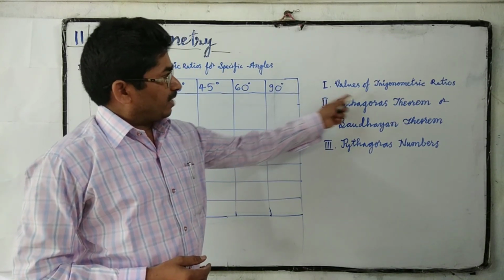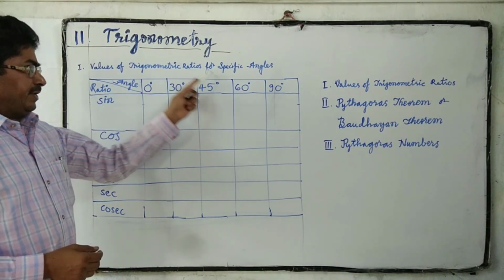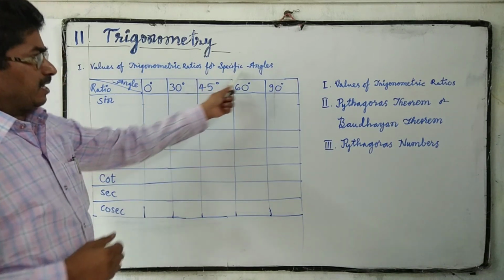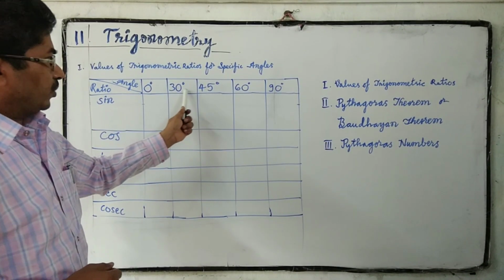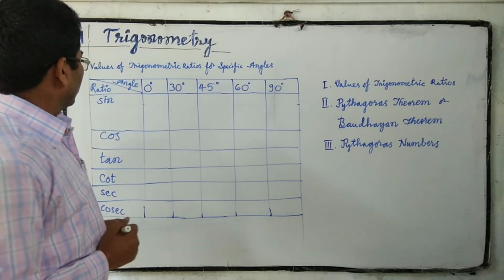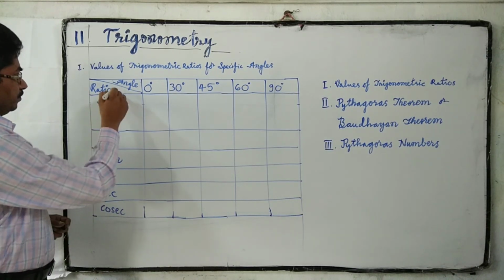First, values of trigonometric ratios. Values of trigonometric ratios for specific angles. Specific angles means 0, 30, 45, 60, 90 degrees. So this side angles, this side ratios.